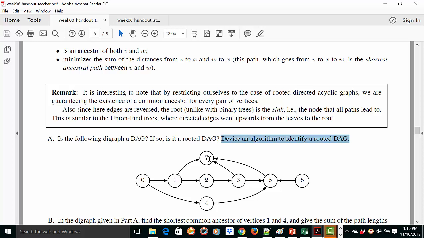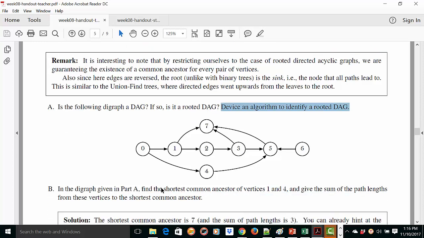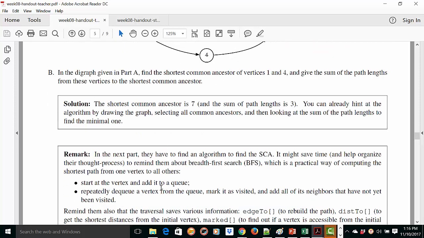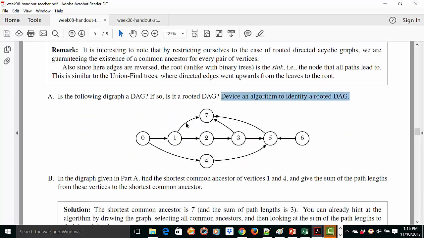So you're looking for a node with out degree 0, and that can be determined from the adjacency list. If you determine all the out degrees, that's V plus E, because you have to go through all the vertices and all the edges.